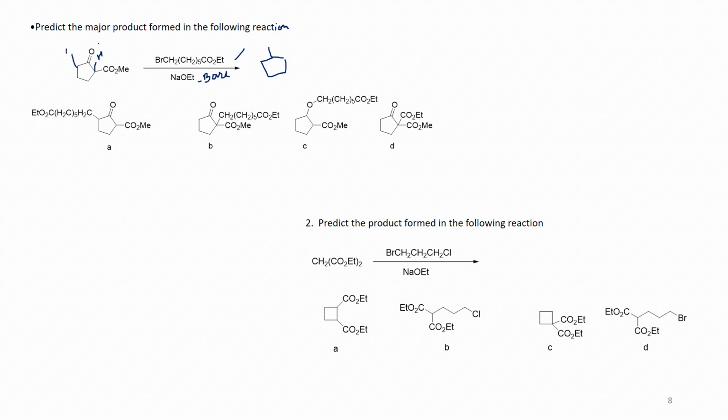Now which will be abstracted? As it is not mentioned that excess base is used, only one proton will be abstracted at first. So which of them will be abstracted? Of course this one. Why? Because this is more acidic. It is adjacent to two carbonyl groups. So this hydrogen will be abstracted, forming this enolate.